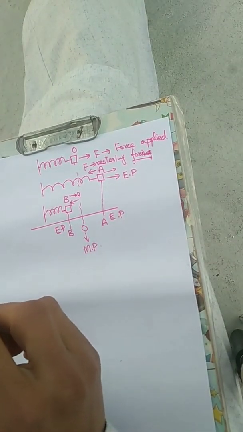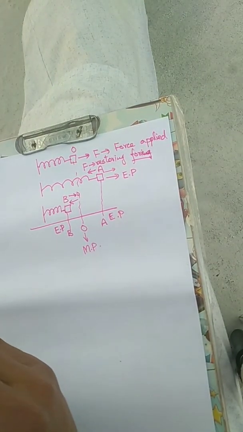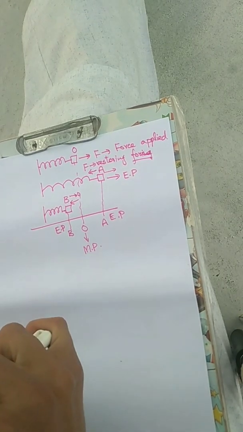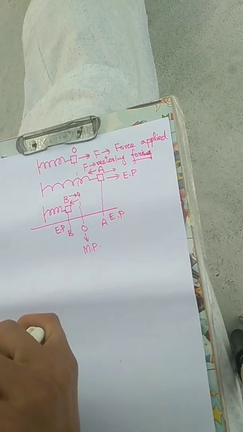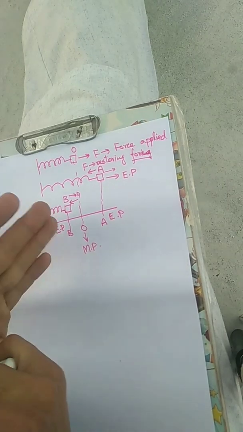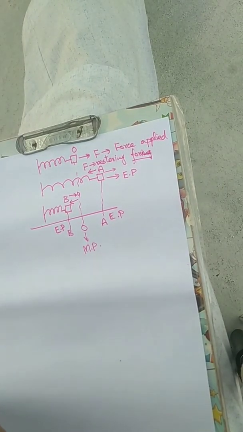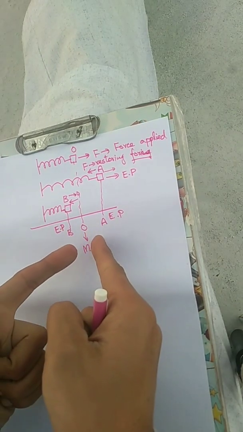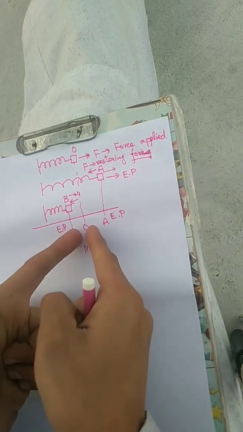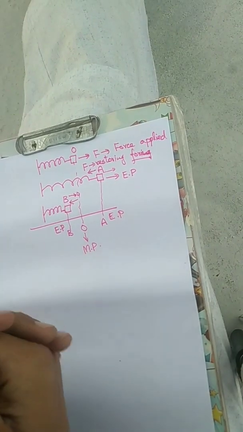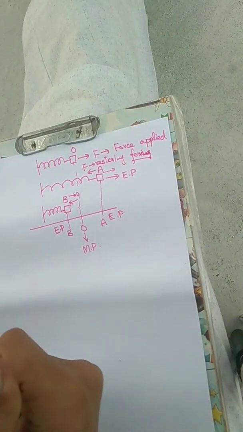So one definition of restoring force is that force which is directed opposite to that of applied force. The second definition is that a force which is directed towards the mean position is known as restoring force. You need to write these definitions in your book.